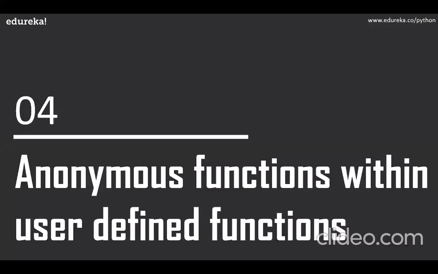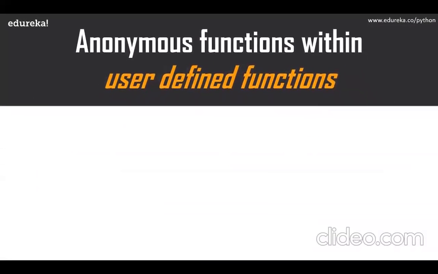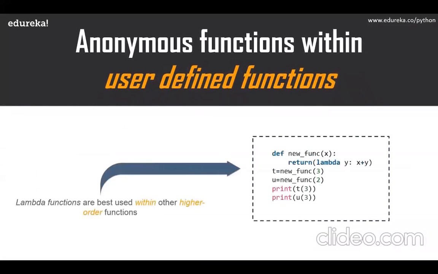The next thing is how to use those anonymous functions within user-defined functions. They are best used with other higher order functions. What we can do is use the lambda function inside it while returning.